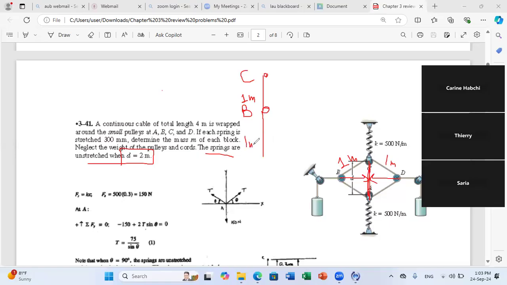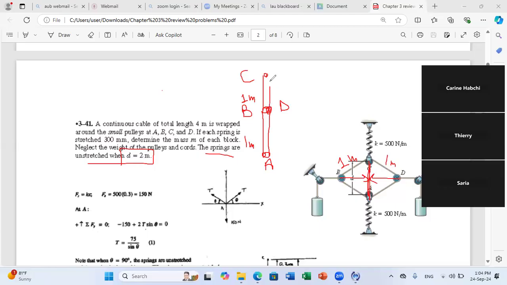Then this is A here. So at this initial position, D and B are at the same location, they are coincident here. So this is D.